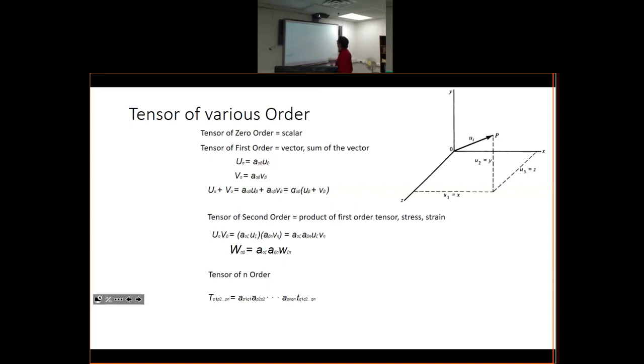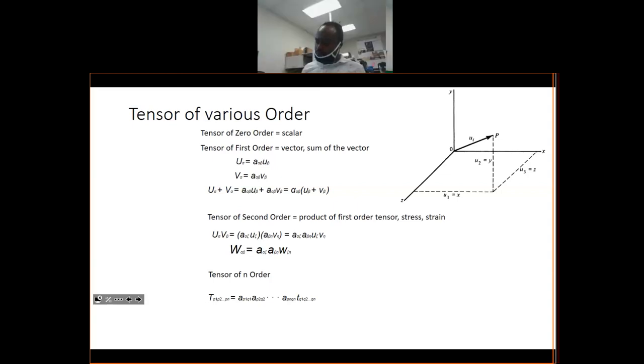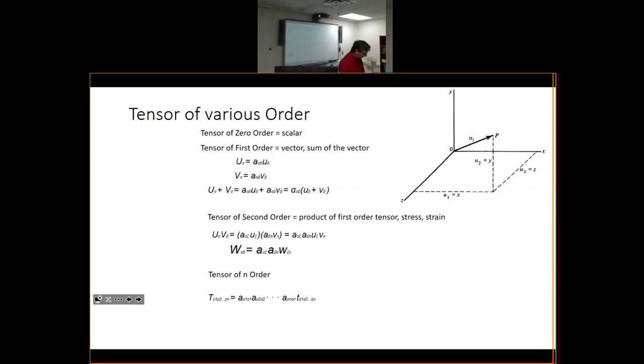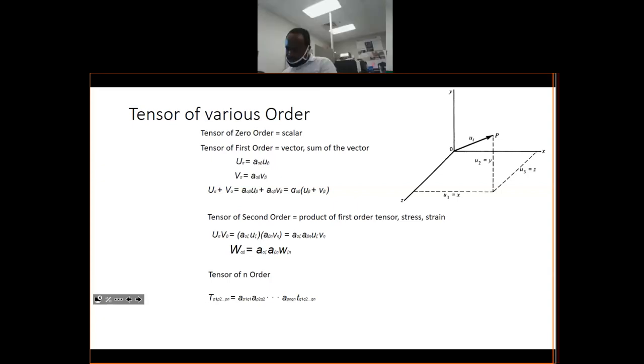So any application of this Aij or A alpha beta transformation matrix to particular quantity, then that would produce for me that value or this particular expression in a new coordinate system, in transform coordinate system.